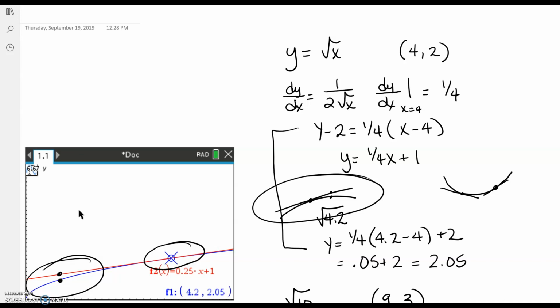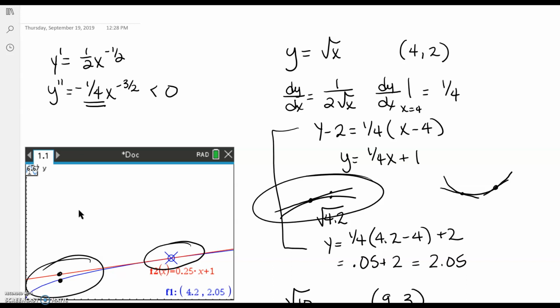So if the first derivative is 1/2 x to the negative 1/2, then y double prime is negative 1/4 x to the negative 3/2. And since our values of x on the square root graph are all positive, then our second derivative for any value, not just 4.2, is going to be less than 0 because of this negative 1/4 in front.